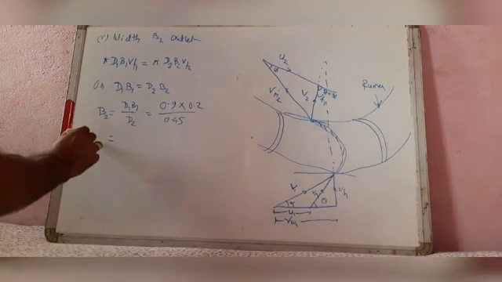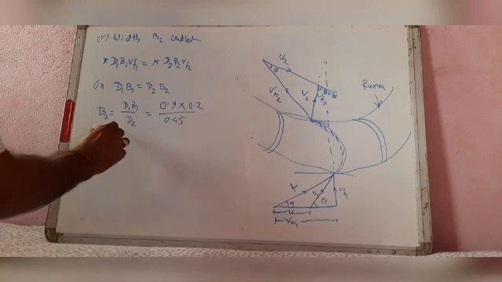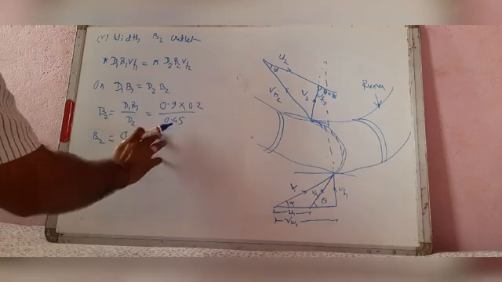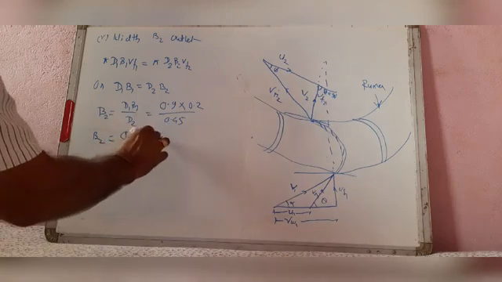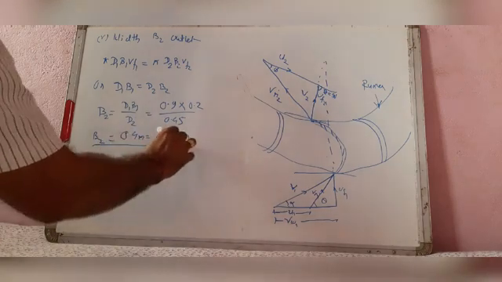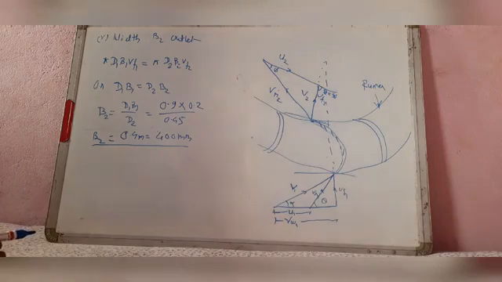So this B2 comes to 0.4 meter, that is 400 mm, the width at outlet B2.